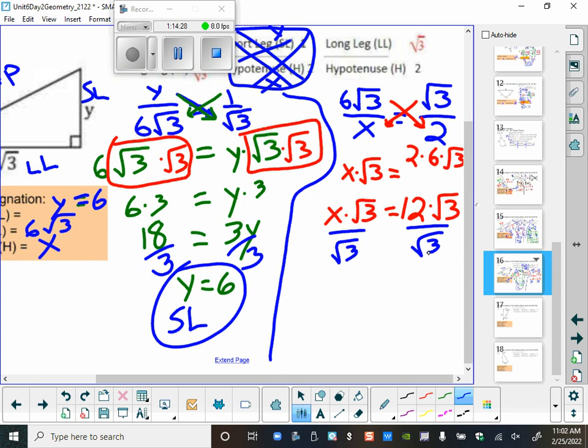You can get rid of it. And then, as a result, what's the value of x? 12.